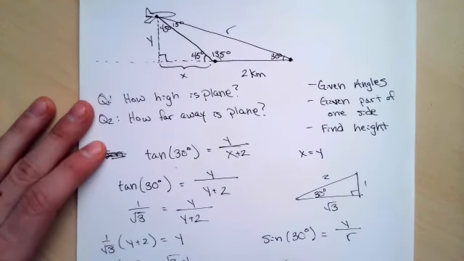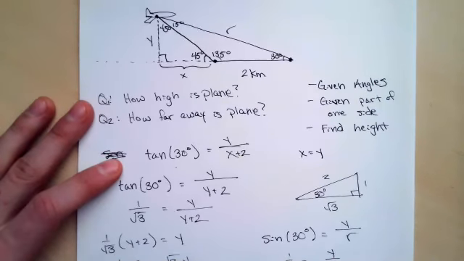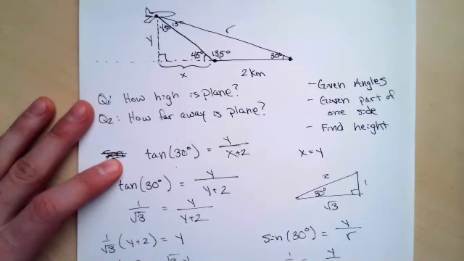And sine of 30 degrees we can evaluate as 1/2. So we would multiply the r over, multiply the 2. r is 2y. So r is going to be 2 times 2 over square root of 3 minus 1, or 4 over square root of 3 minus 1.